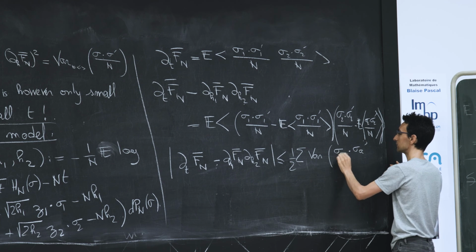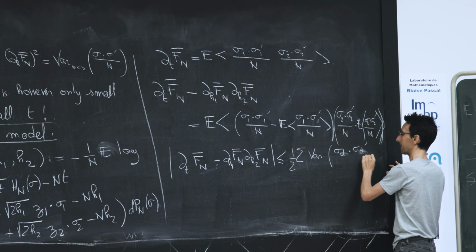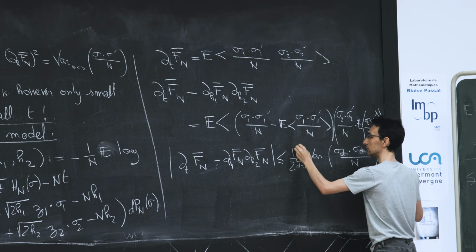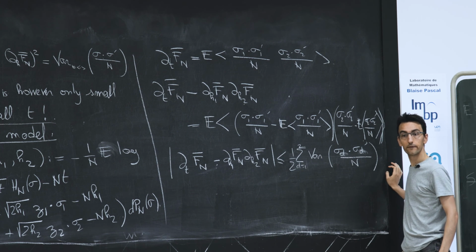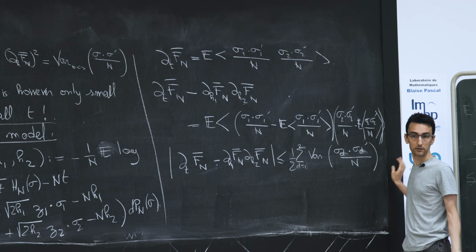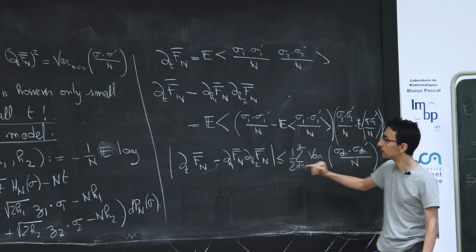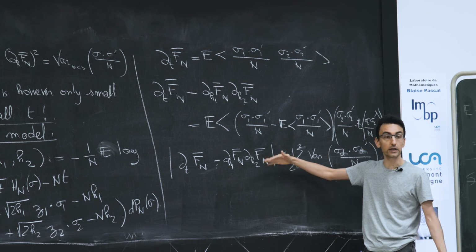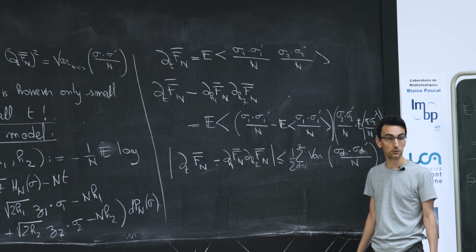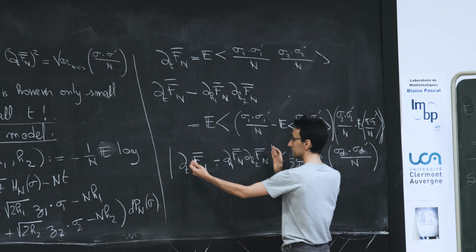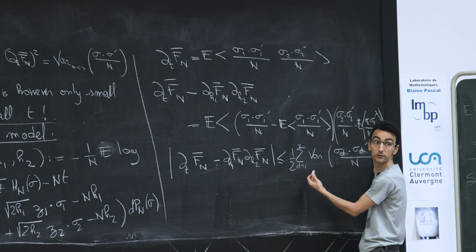Maybe I should write d to be consistent, over n, d from 1 to 2. The classical covariance term. So, okay, this should evoke a generalized Curie-Weiss sort of situation. We can understand the absolute value is small if we know that the variance is small.